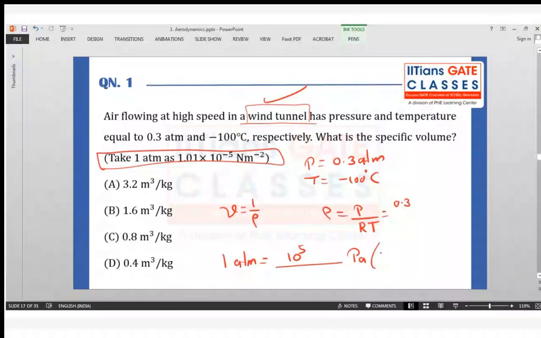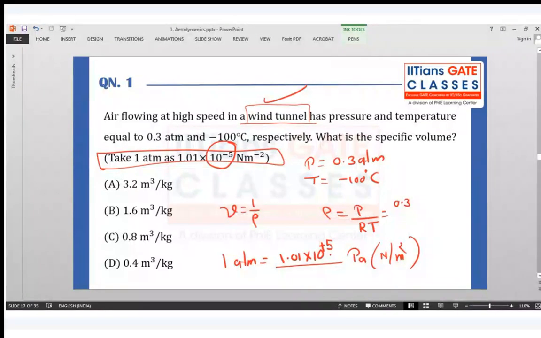Newton per meter square is okay because Pascal is nothing but Newton per meter square. That's all okay. But the 10 to the minus 5 is not okay. 1 atm is equal to, even if they want to give 1.01, it's supposed to be 1.01 into 10 to the power 5 Pascal.